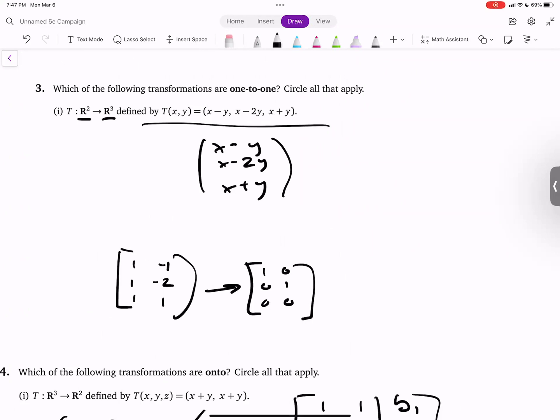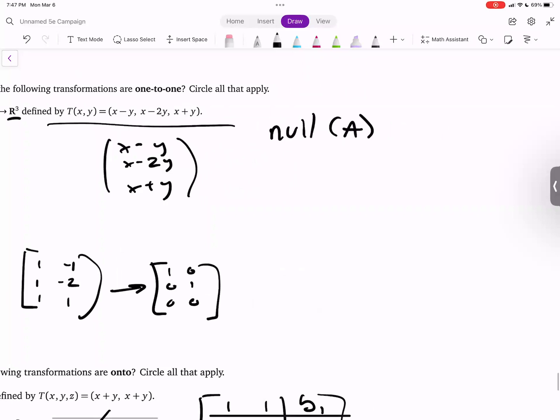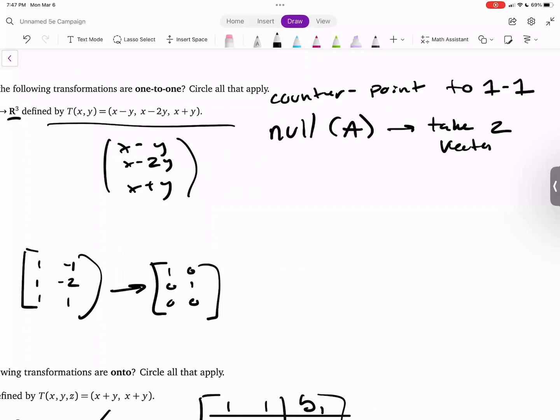If something is not 1-to-1, and they ask for a counterexample of 2 things that map to the same thing, we have a really nice, easy way to get there. The null space, by definition, is all of my points that map to 0. So all you would do for a counterexample to 1-to-1 is find the null space and take 2 vectors from it.